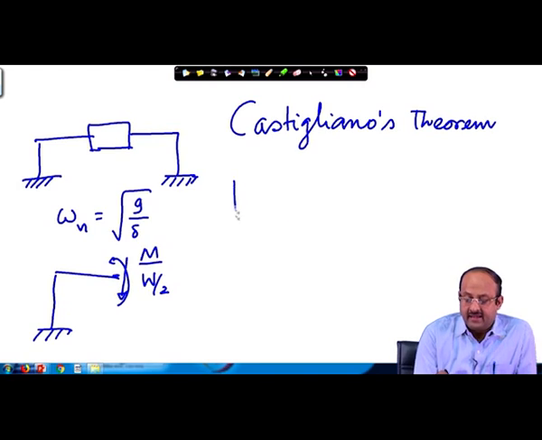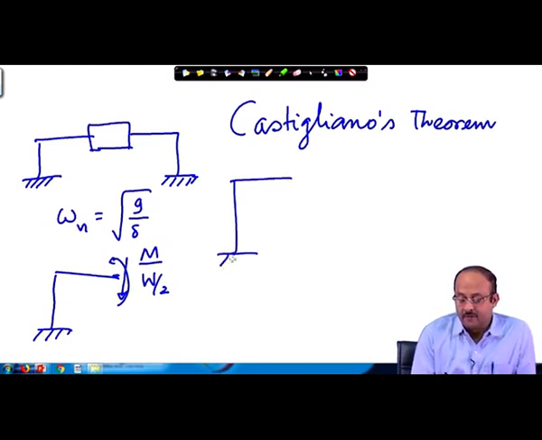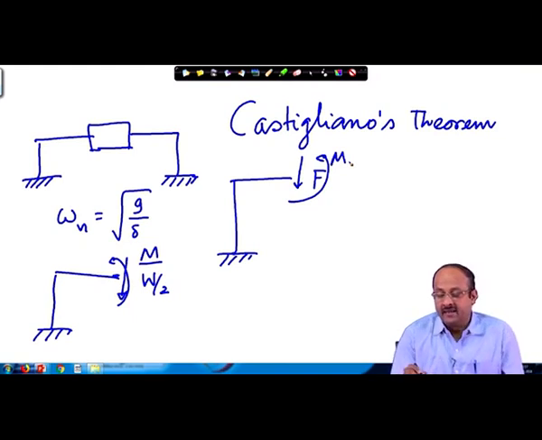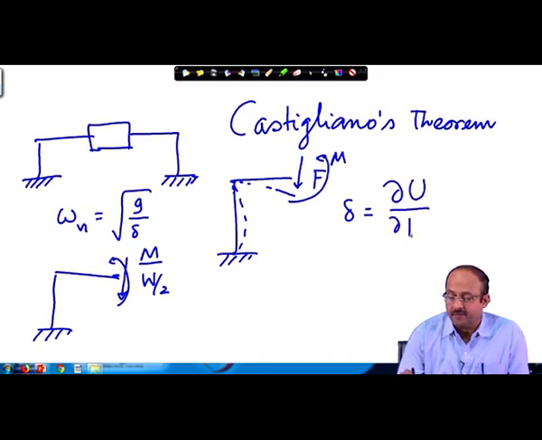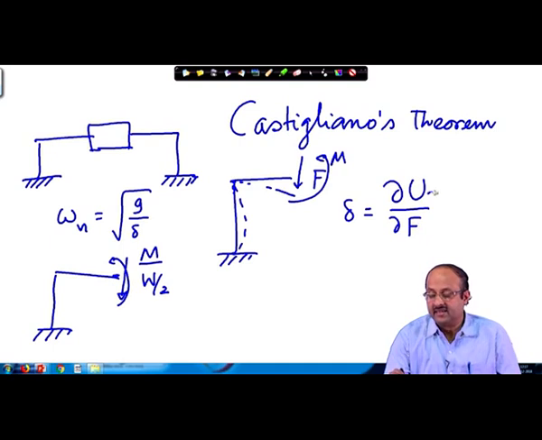According to this theorem, if you apply a force F and a moment m there, then the vertical displacement delta is the partial derivative of U with respect to F, where U is the strain energy.